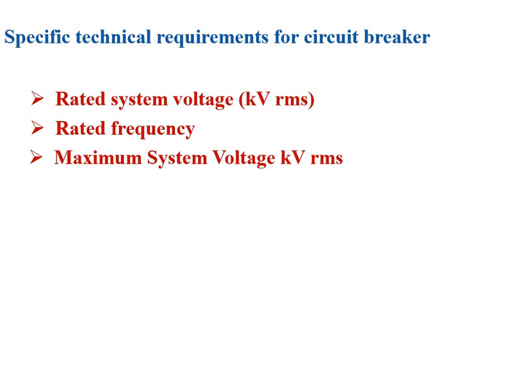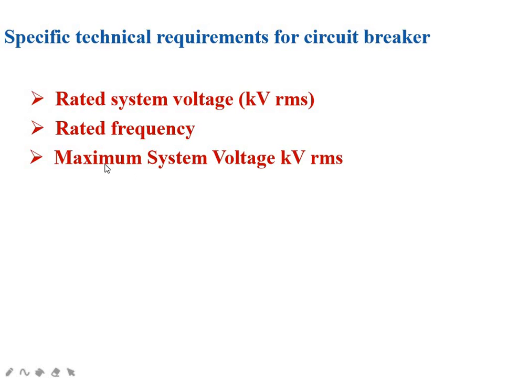The next is the maximum system voltage, which is also described in kilovolt RMS. Generally this voltage is more than the rated system voltage. Here we have first seen the rated system voltage, that is the first requirement for the circuit breaker.